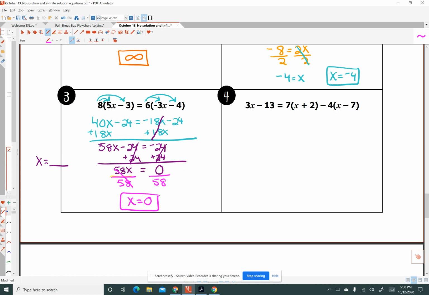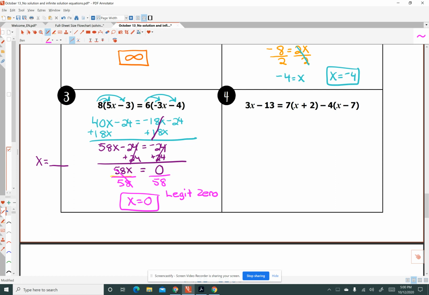Students, this does not mean no solution. My algebra students usually call it a legit 0. Just a funny term they came up with last year. This is not no solution. This is 0. So x has a value, and that value here is 0.